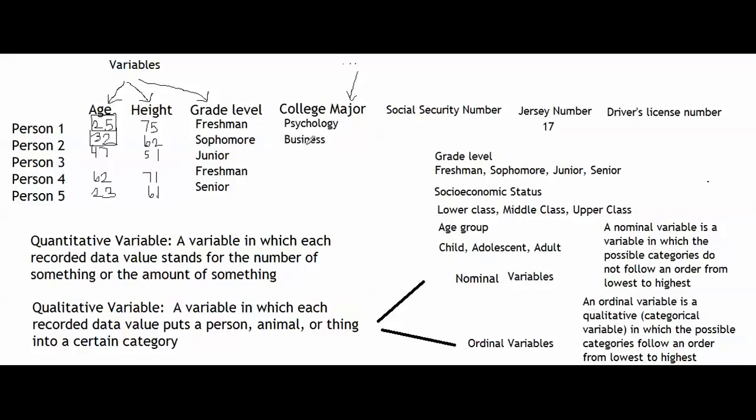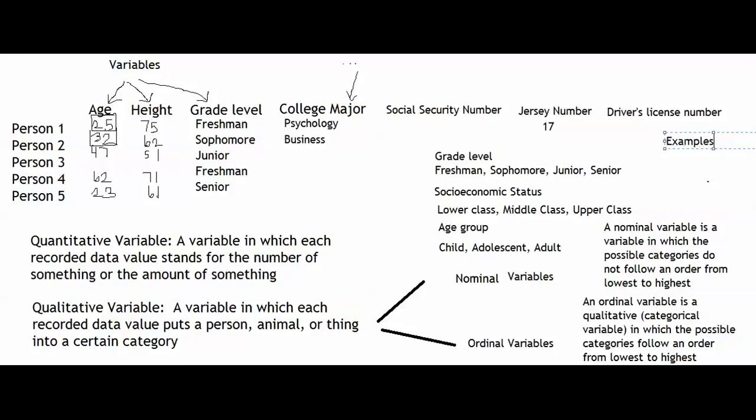Also, the variable of handedness, which means left-handed and right-handed people, would also be a nominal variable, because when you think about left-handed and right-handed people, neither of those two categories is above the other, so they don't follow an order from lowest to highest.